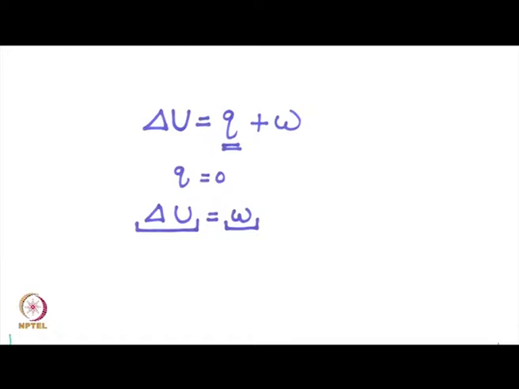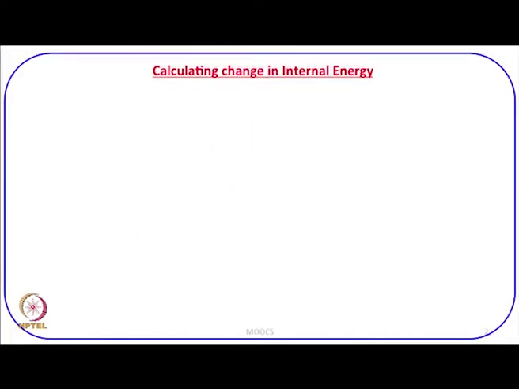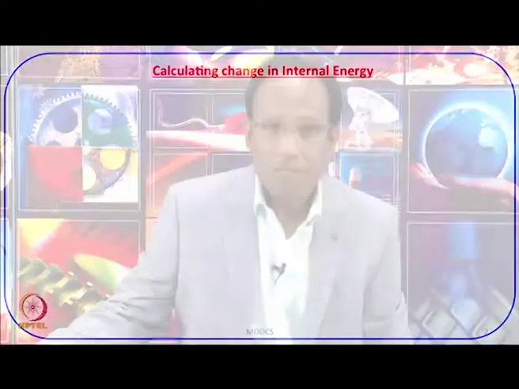Let us take a look at the slide. Since in order to calculate the work, we need to calculate the change in internal energy, let us see how we can do it.